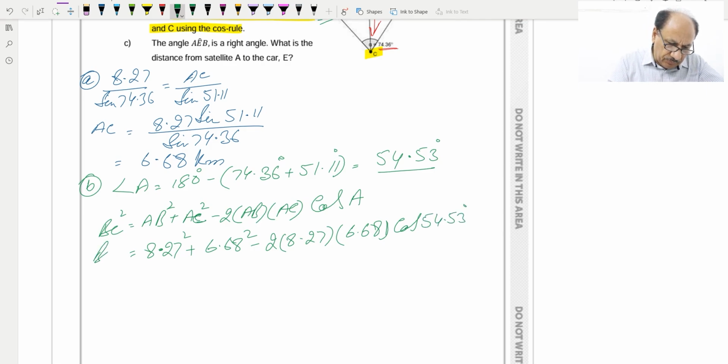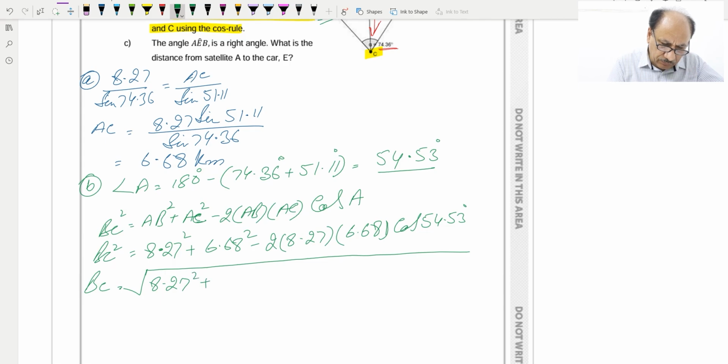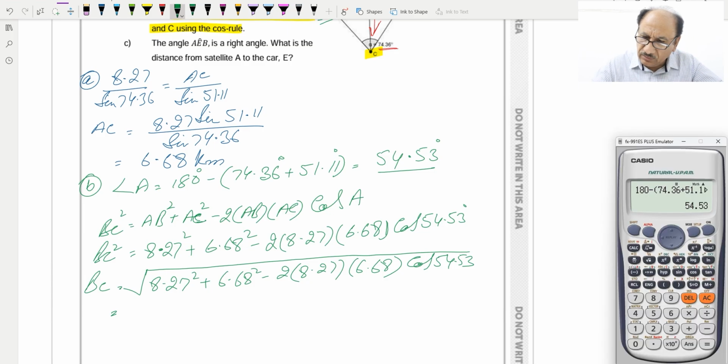This will be BC square, and BC will be just the square root of all this. We will copy here: 8.27 square plus 6.68 square minus 2 into 8.27 into 6.68 cos of 54.53, and this we can calculate.